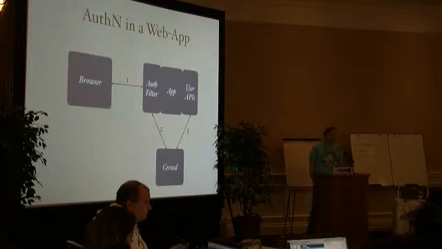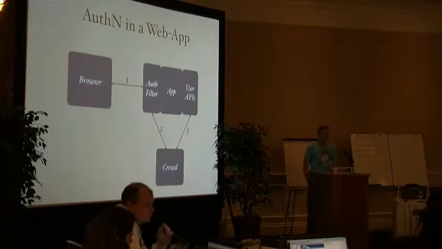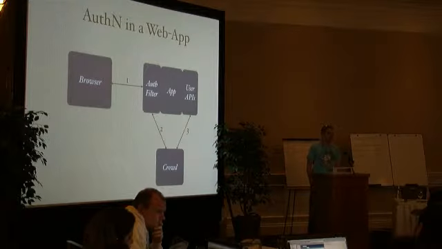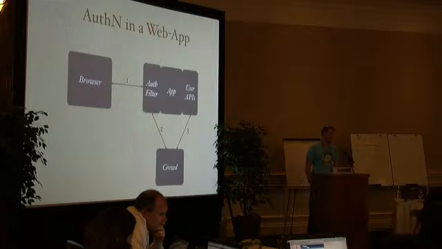The reason this is up is I used to skip talking about how authentication actually happens in a web app, and then realized that a lot of people haven't really thought about it in depth, and this makes it easier. So the first thing that happens when you make a request to a web app, the browser goes off, tries to talk to the app. There's some sort of filter in front of it that does authentication. It basically checks if you're a logged in user. Usually that's done by a session cookie with an opaque string in there.